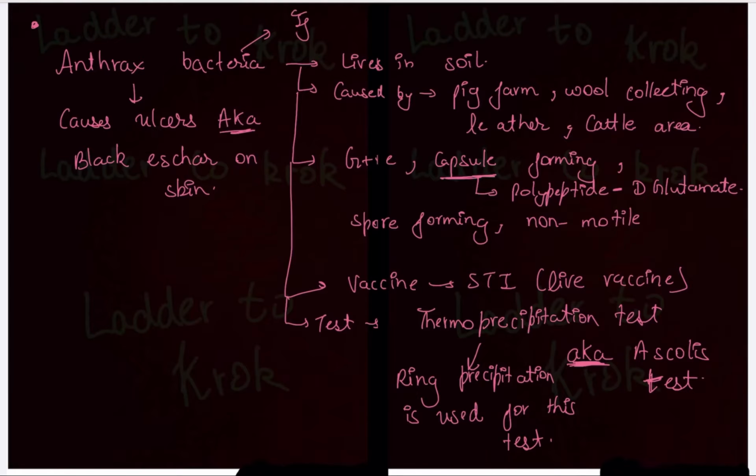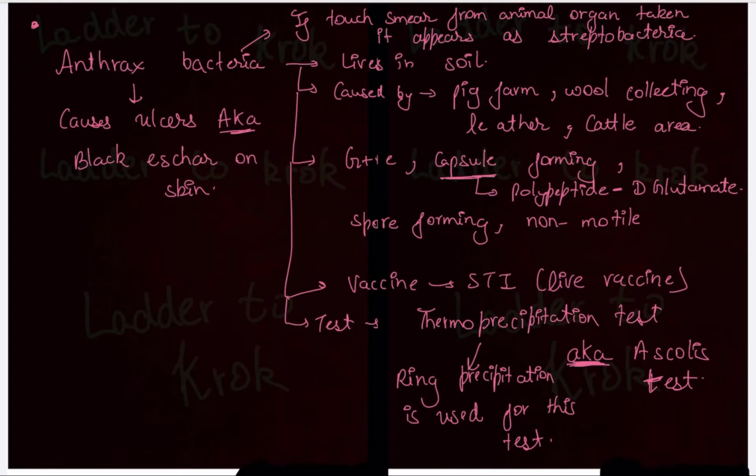Okay, now one more point. If we take a touch smear, which is a type of smear, from an animal organ, it appears as streptobacilli. Okay, if the touch smear from an animal organ is taken, it appears as streptobacilli.